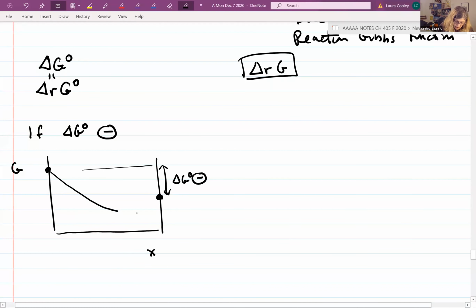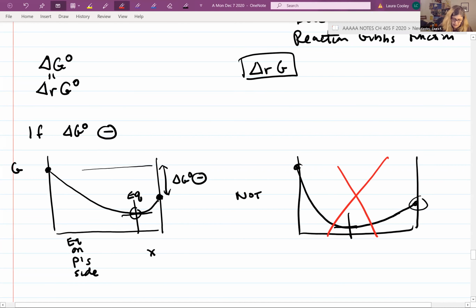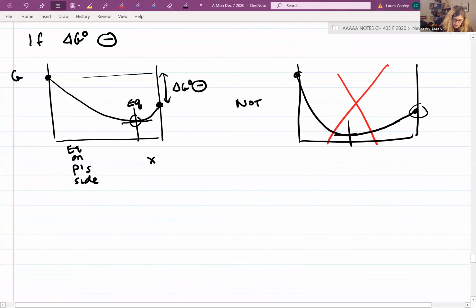So then when you draw the diagram, make sure that your equilibrium is going to be on the product side. Do not draw me a diagram that looks like this, with the equilibrium on the reactant side. If the products are lower, the equilibrium is going to be on the product side. So this is just wrong, right? If the delta G0 is positive, then it's the opposite situation.